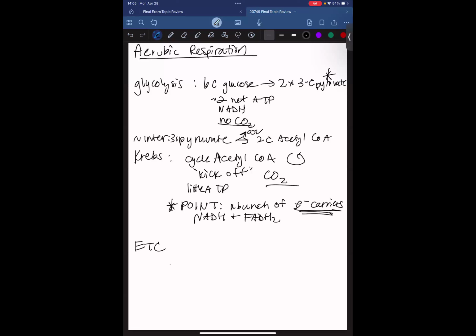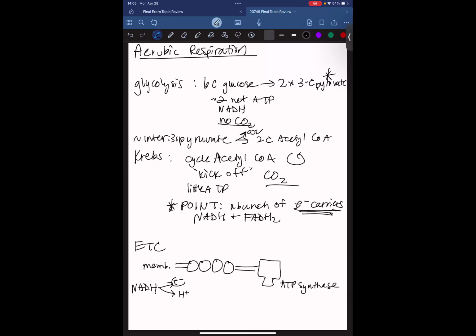So the electron transport chain, you're basically going to have a set of these proteins in a membrane. And you'll have this other set of proteins down here we call ATP synthase. All right. So what happens is NADH or whatever you made to carry your electrons will give off an electron and an H plus.